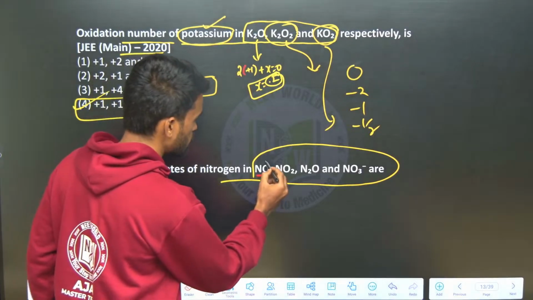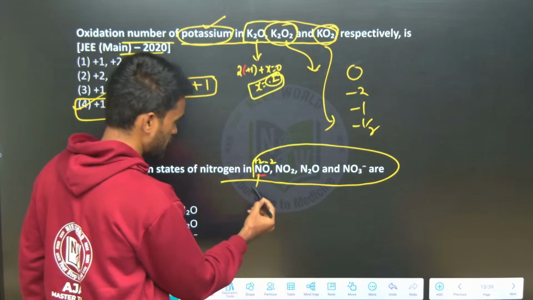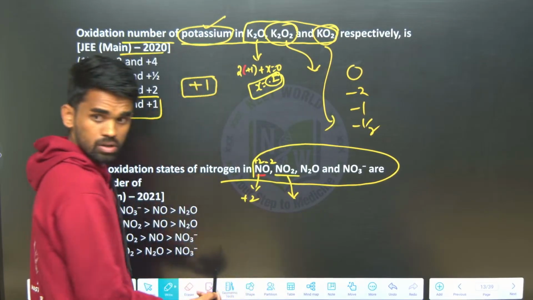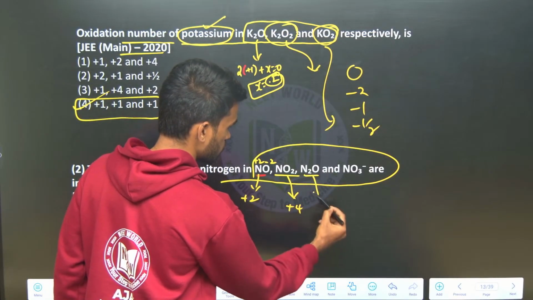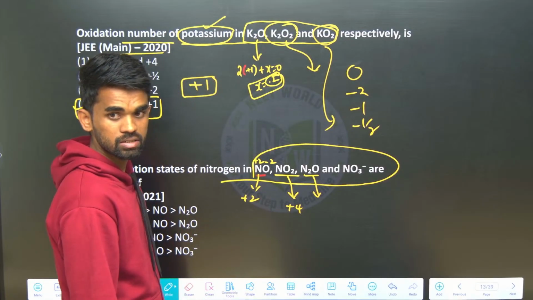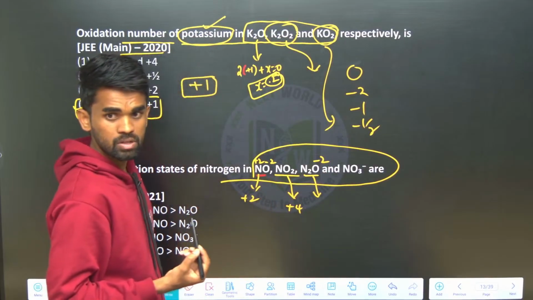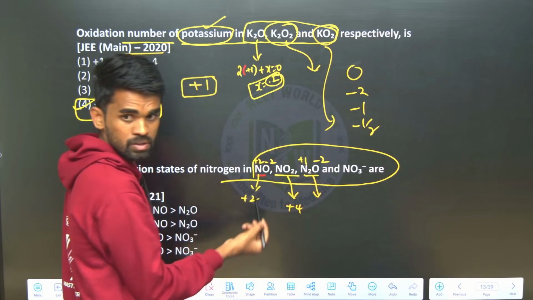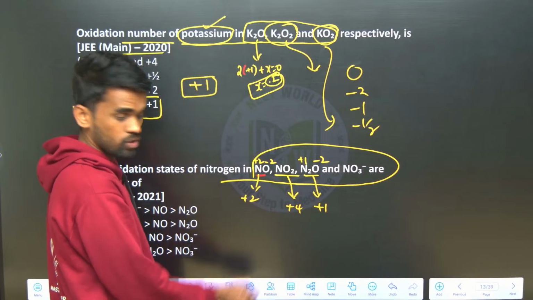Oxygen. So oxygen is minus 2, nitrogen should be plus 2. That's it, simple way. So the first one is plus 2. The second one, NO2, plus 4. And here, nitrogen's oxidation state is plus 1. See, this is minus 2 for one oxygen atom, so it is plus 1 for one nitrogen atom. Are you getting how I did this?